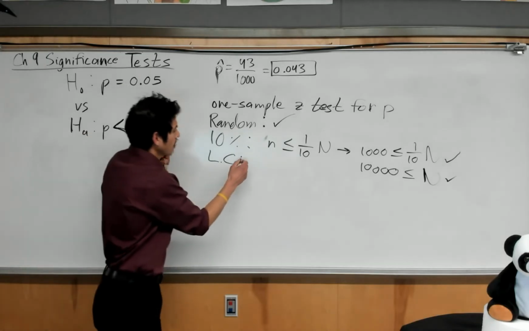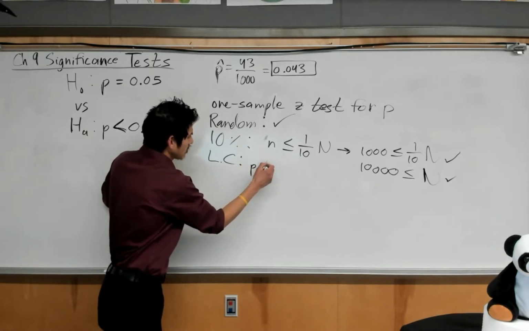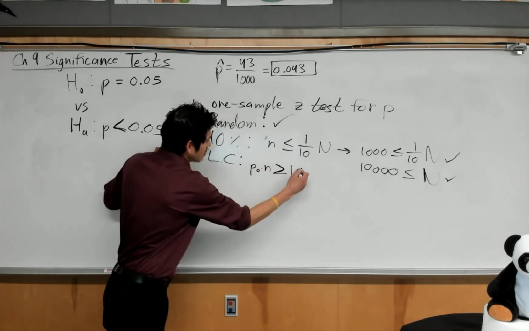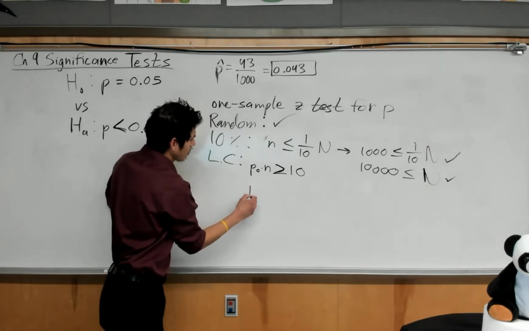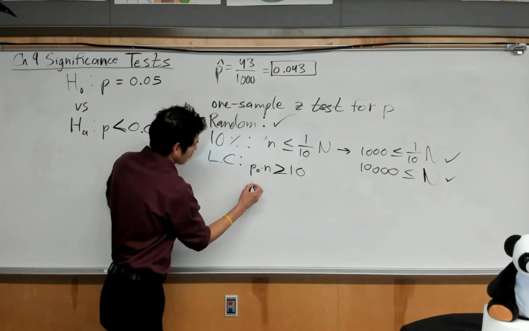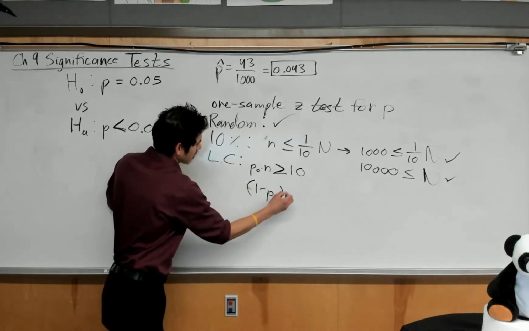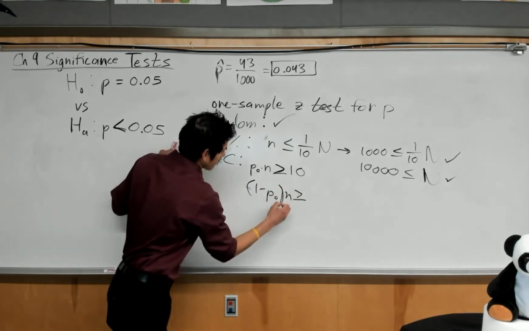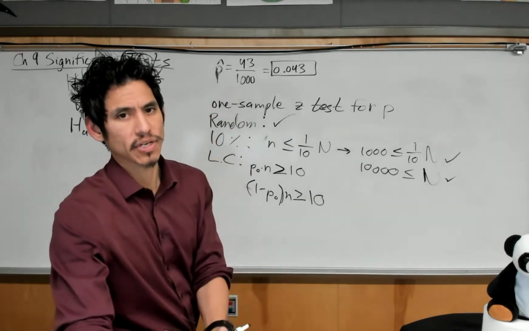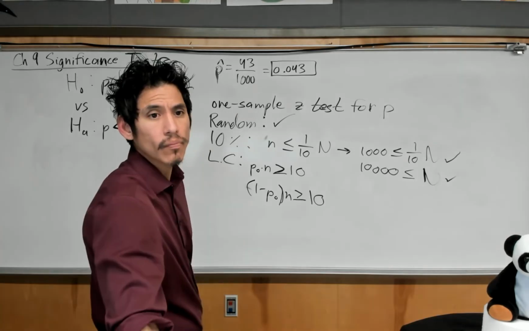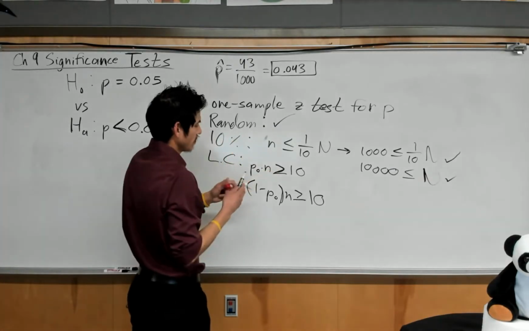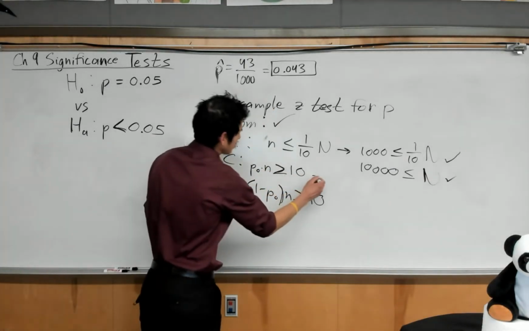Large counts: P naught times n is at least 10, and 1 minus P naught times n is also at least 10. Understand that both of these are just opposites of each other, meaning they're going to add up to the sample size, but let's just do it.